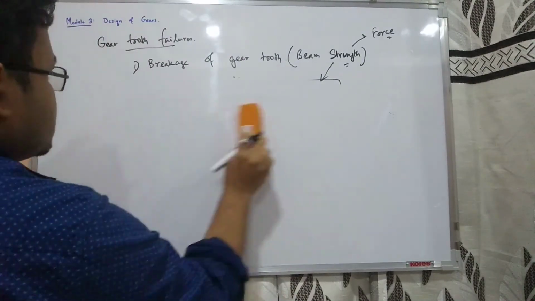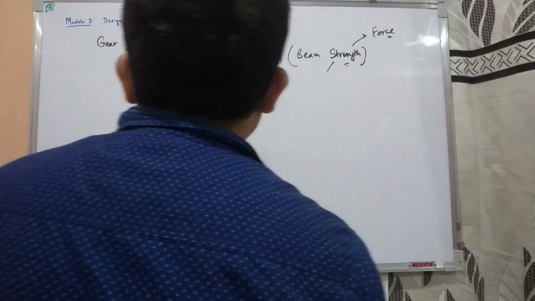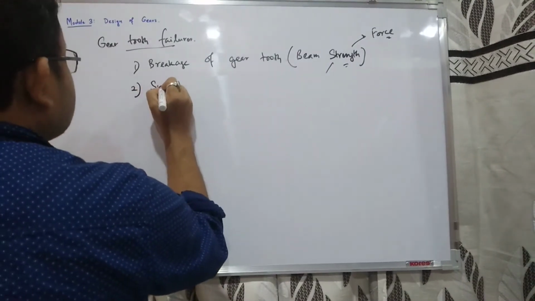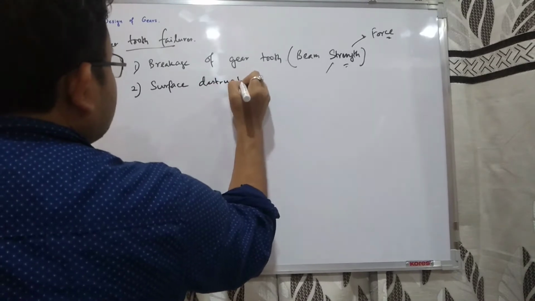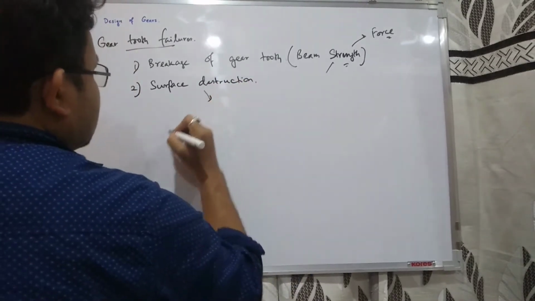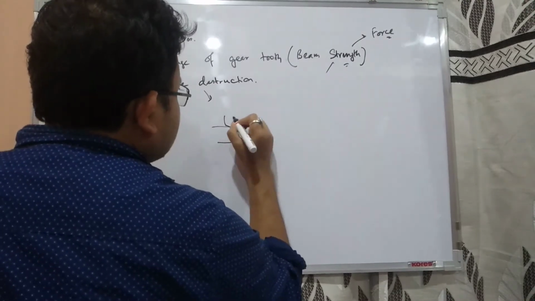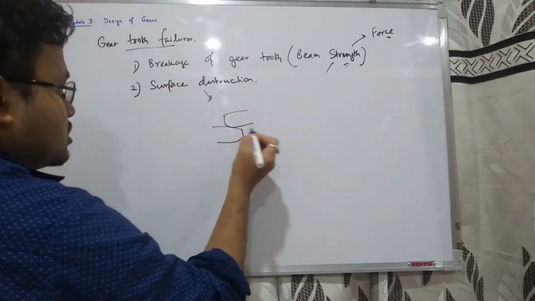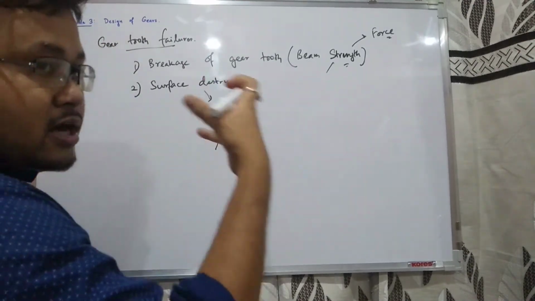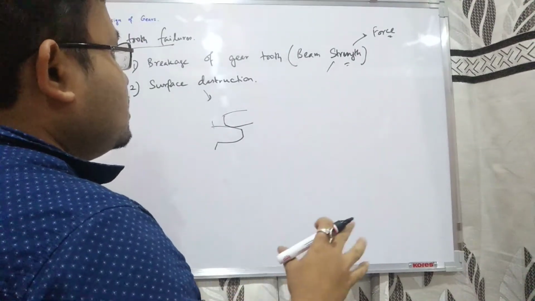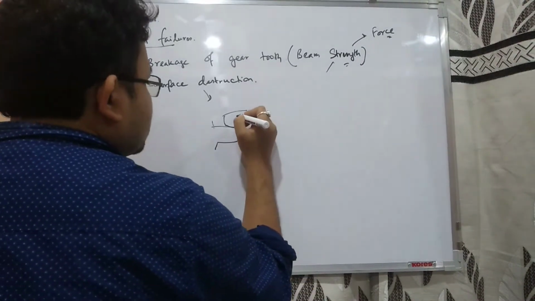Similarly, there is a formula for wear strength. I mean the second part, the surface destruction that we have spoken about. When two gear teeth mesh with each other, if the gears are operating under very heavy load, and they can see sudden change in the load, then their force is very high.